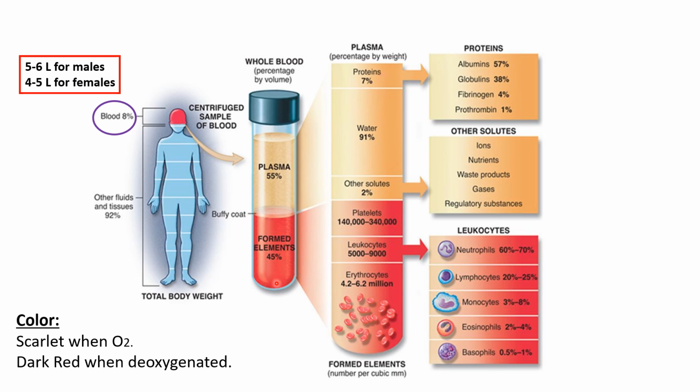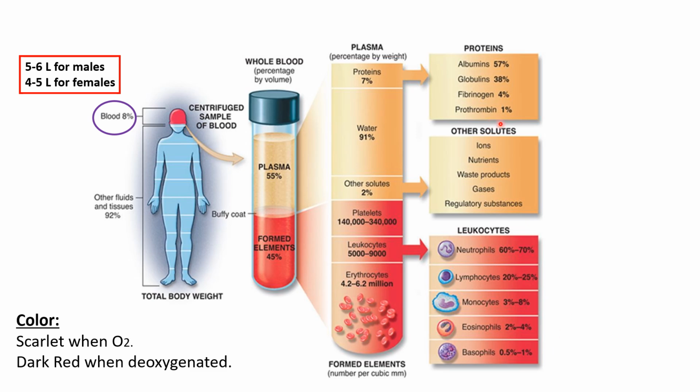For instance, the formed elements, these are cells, all right, cells and cell-like structures. We see that we have approximately about 45%. Sometimes it can be a little more, sometimes it can be a little bit less. Those formed elements include platelets, white blood cells, and red blood cells. Then in the white blood cells, we have a population.